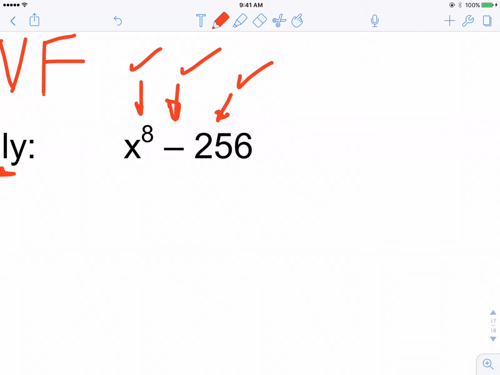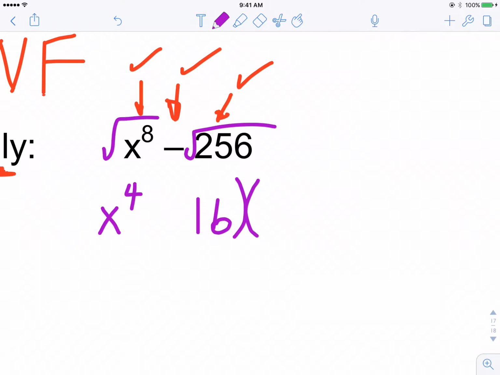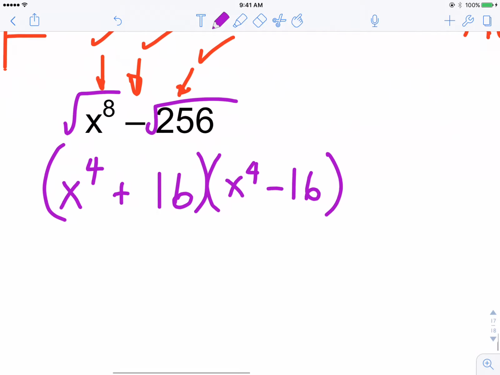If I took the square root of x to the power of 8, that's going to become x to the power of 4. If I took the square root of 256, I'm going to get 16. Remember, I get two brackets, one being plus, one being minus.